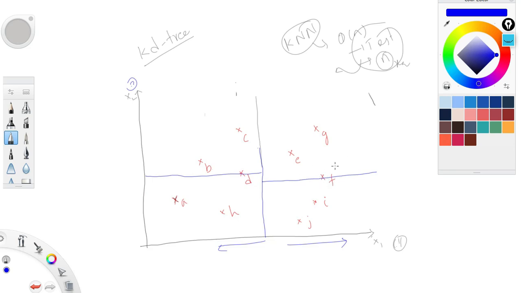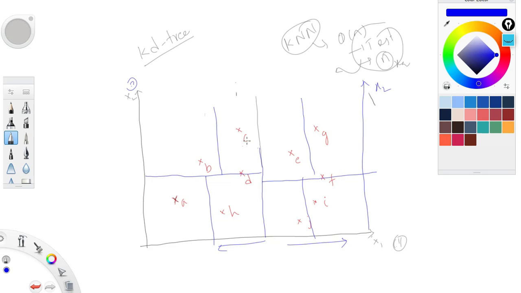The same thing I am drawing here for x2. Now we are done with the x2 axis, and we go to the x1 axis. Here we split like this, and the same thing we do here also, and in this region the 2 points are split.